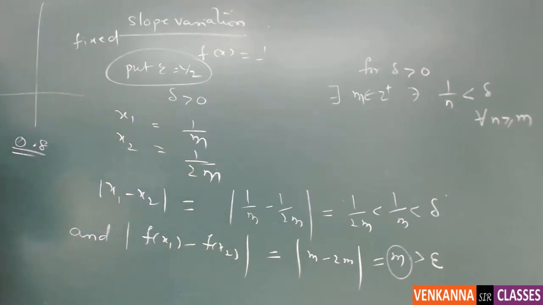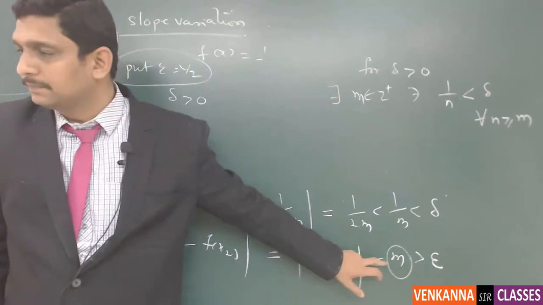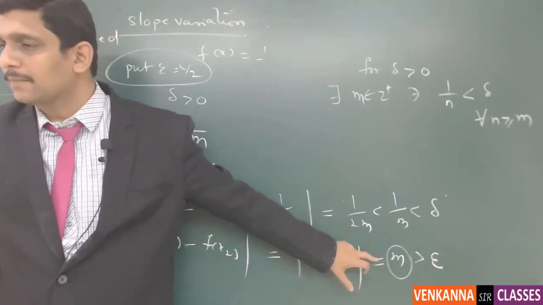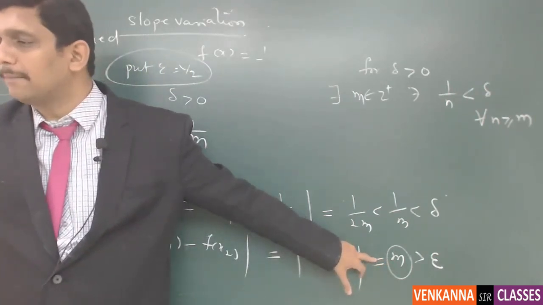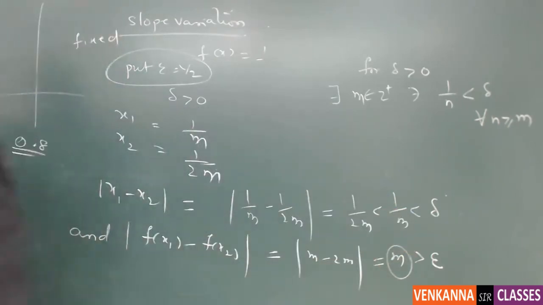So what is the smallest integer number you can take? 1. M is equal to 1, isn't it? So the minimum possibility for M is nothing but 1. Accepted? So 1 is greater than 0.8. That is satisfied?